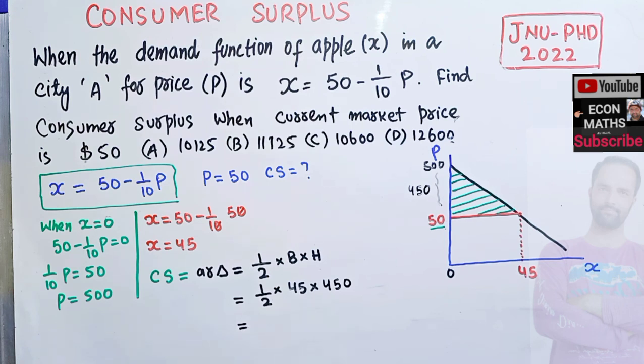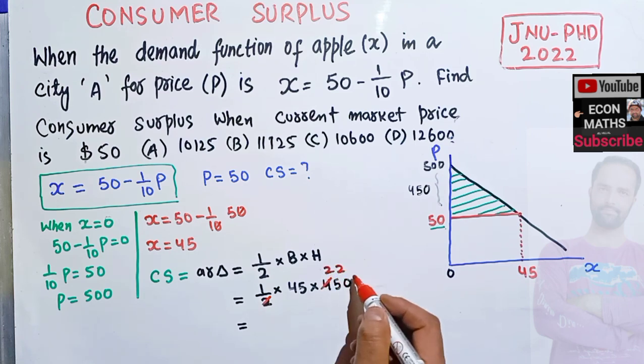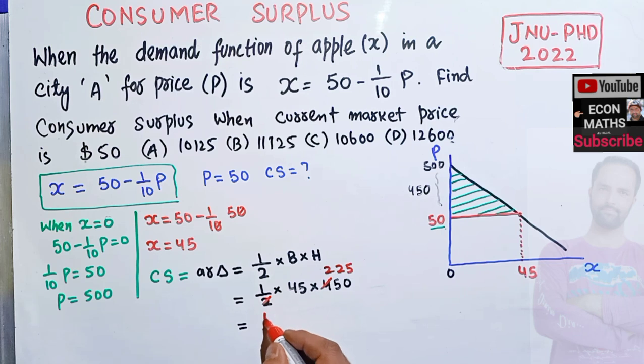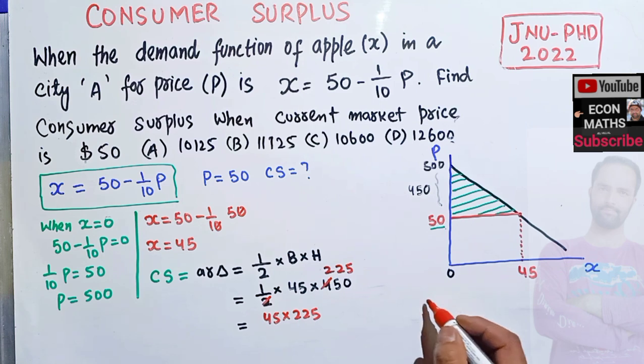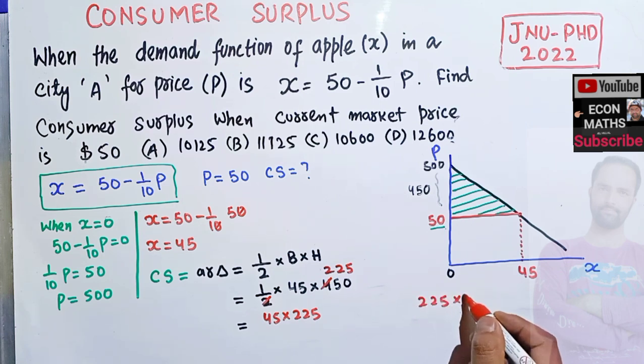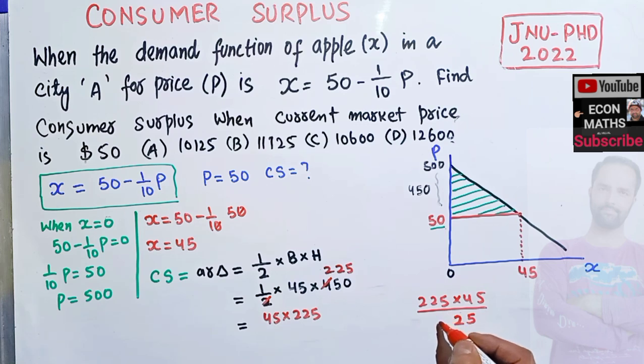Solving this, 2 2s are 4, 2 2s are 4, carry 2, 5 2s are 10. So we got 45 into 225. Let's do this calculation, 225 into 45. 5 5s are 25, 5 2s are 10, 11, 12; 4 5s are 20, 4 2s are 8, 9, 10, and so on.